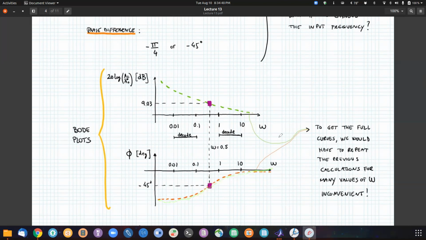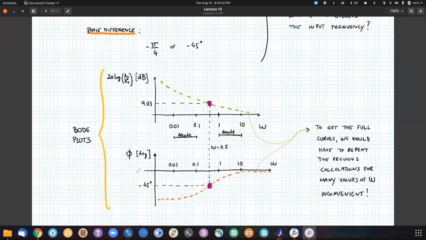Well, these plots are called the Bode plots. And so you see we have one plot for the amplitude, or again, it should be for the 20 logarithm of the amplitude ratio. And then we have another plot for the phase difference between the output and the input.